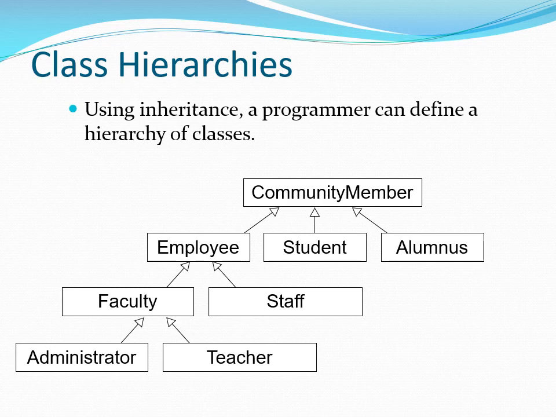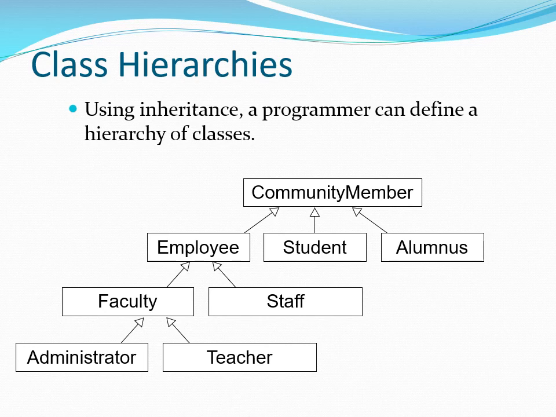But just think of it, if you did not have inheritance, then everything that you have here would have to be repeated in each and every one of these classes. You can see here, administrator is getting some additional information from faculty, the data members of faculty are coming to administrator, data members of employee are coming to faculty, data members of community member are coming to employee.